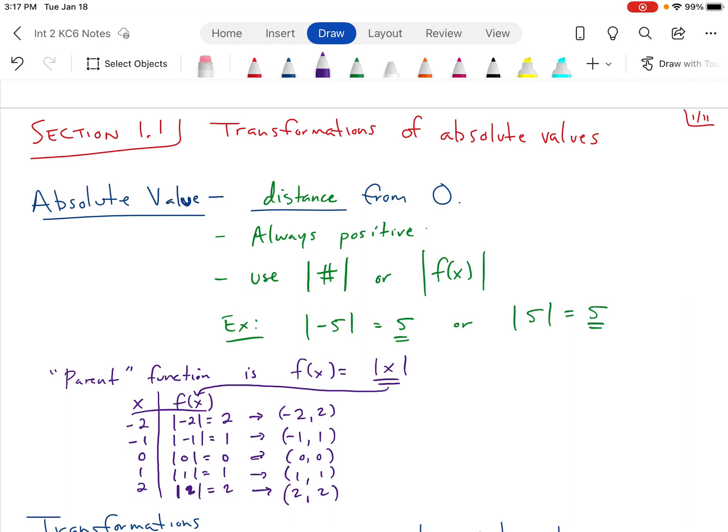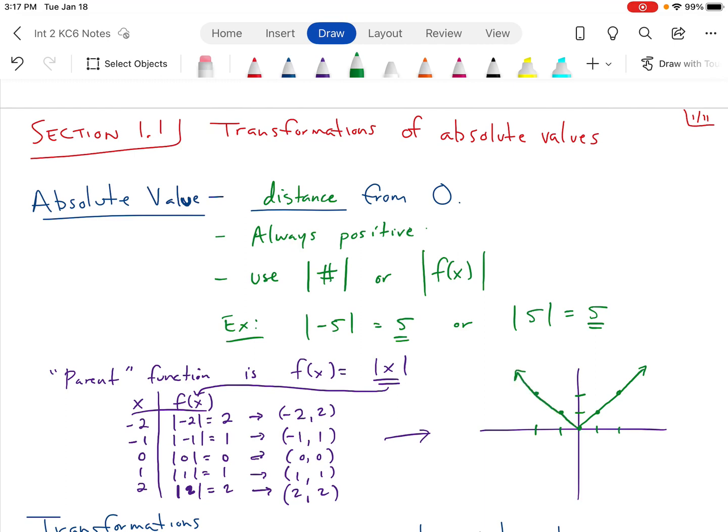So now when I graph this, I want you guys to be able to visualize this. At -2, 2, -1, 1, 0, 0, 1, 1, and 2, 2, it will look like a V. Always.